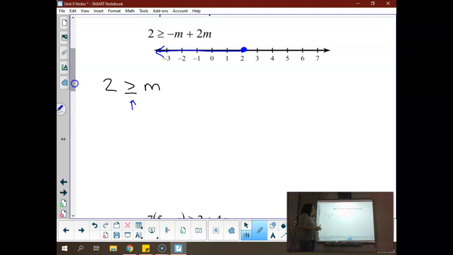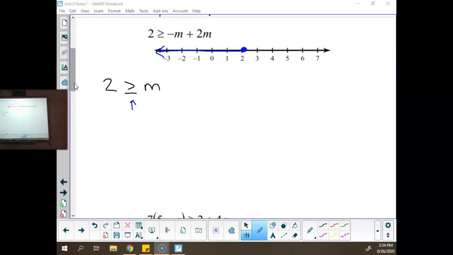Now, a lot of times students want to try and use the symbol to determine which way that arrow should be pointing. Now, the only time that works is if your variable comes first. So I'm going to write you a little note over here.